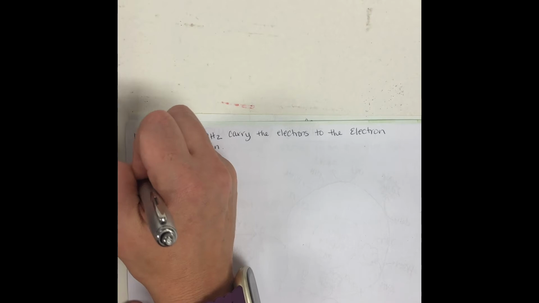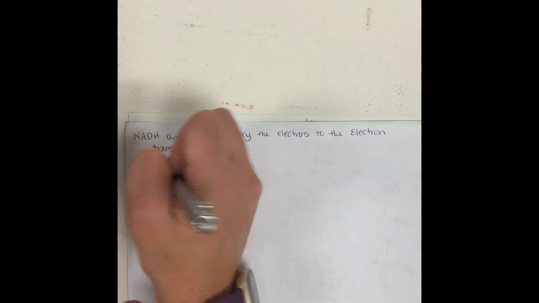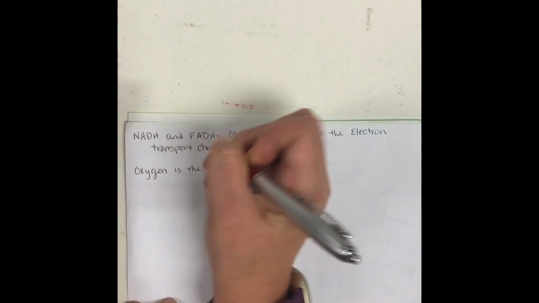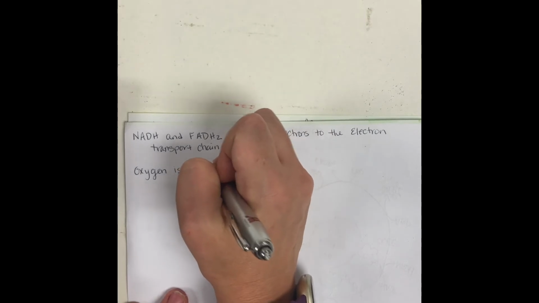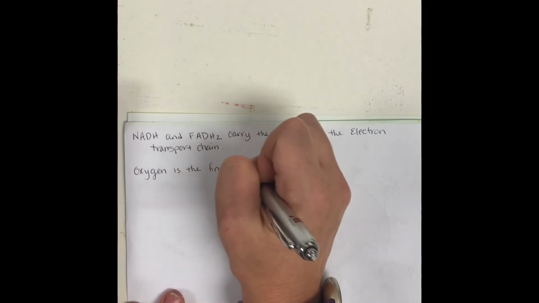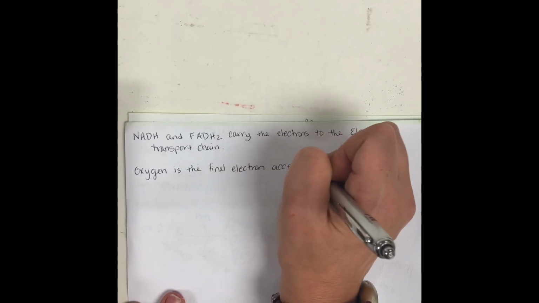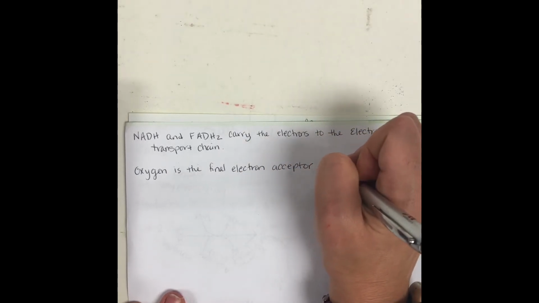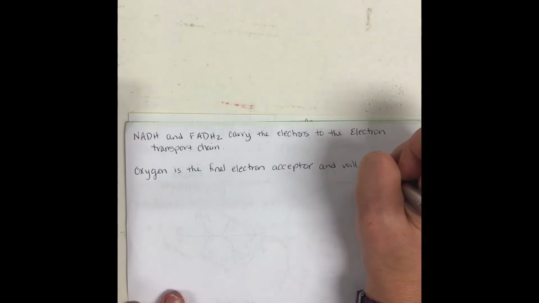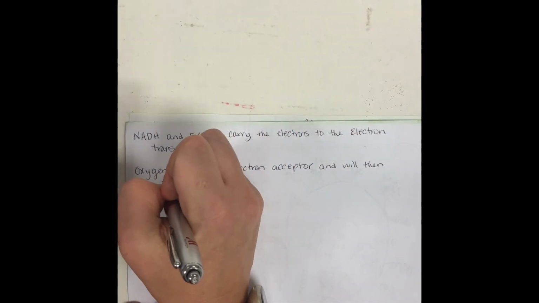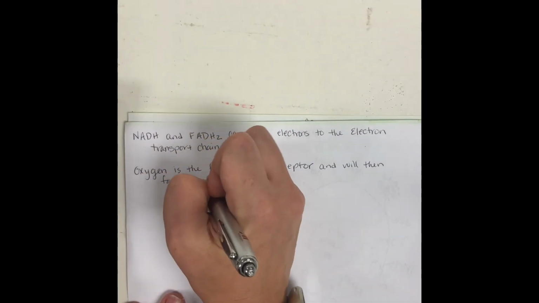We want to make a note that oxygen is the final electron acceptor and will then form water.